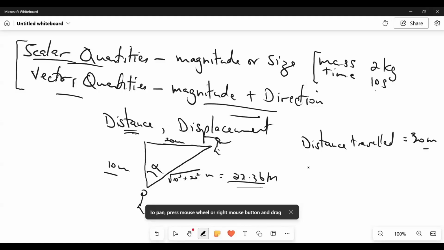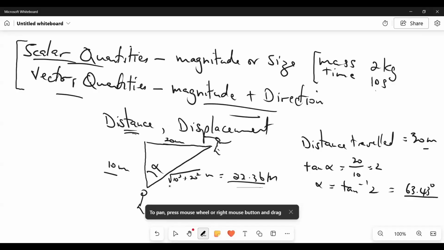And tan alpha equals 20 over 10, opposite over adjacent, which is 2. So alpha equals tan inverse of 2, which is, can somebody do that for me? Tan inverse of 2, give me an angle. 63.43. We can round it to 63 degrees.